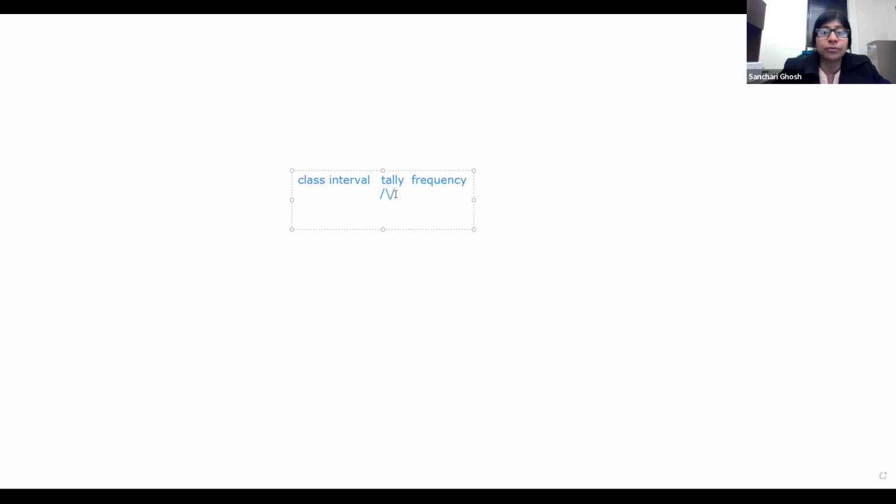After you do 5, there are 5 observations within that class interval, so we say 5. And then if you have 2 more, you just put 1, 2. So you have 5 plus 2. When you do 5, you just do a cross check kind of like this. 1, 2, 3, 4, 5, and then you check it out, and then you do the others.